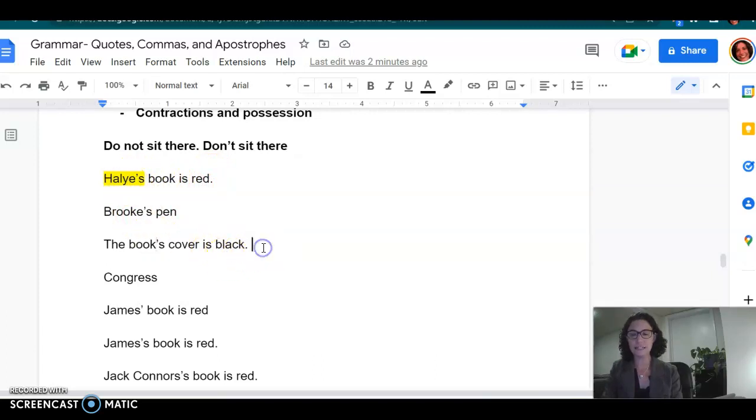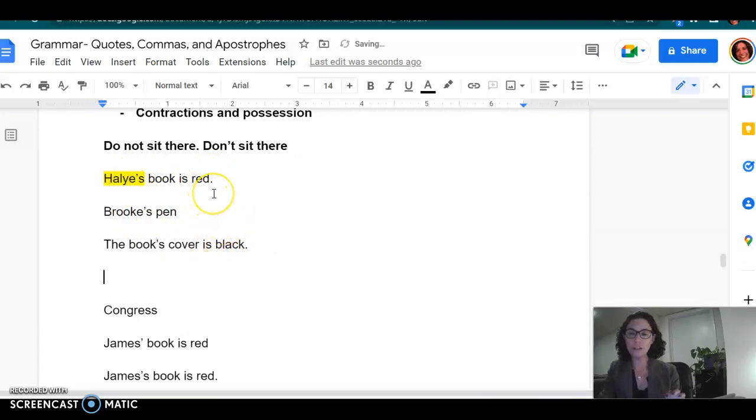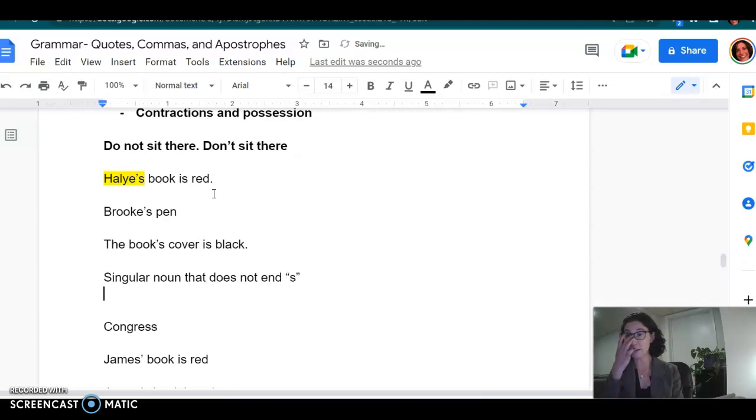Now, these are pretty easy because these are all singular nouns, meaning just one noun that does not end in an S. So that makes it an easy way to show possession, because you just add on an apostrophe and then an S. I'll just use somebody's name.